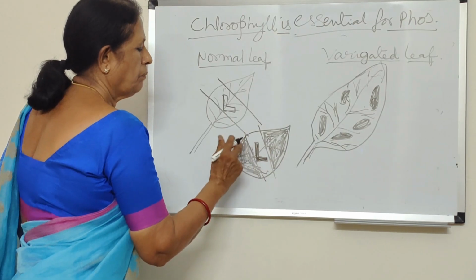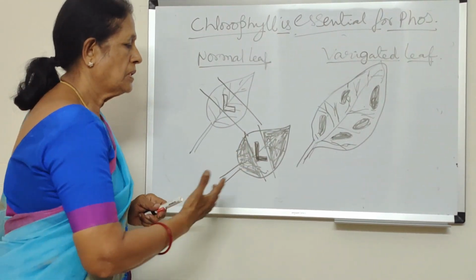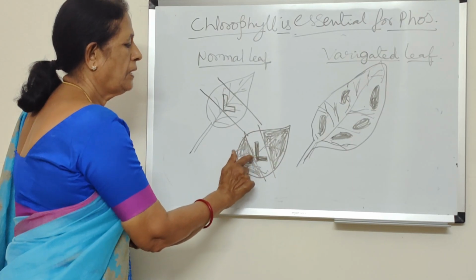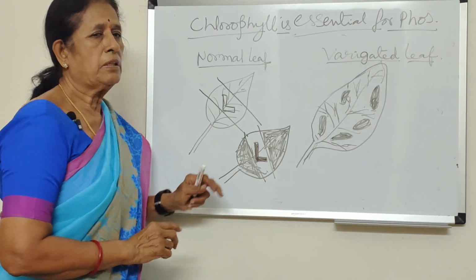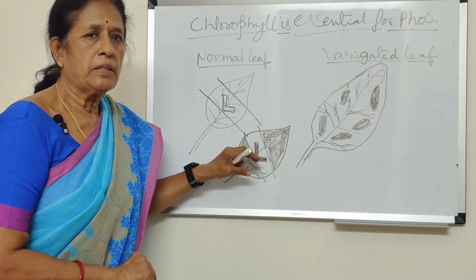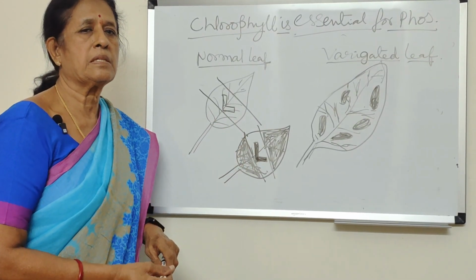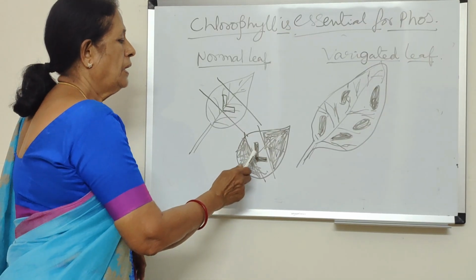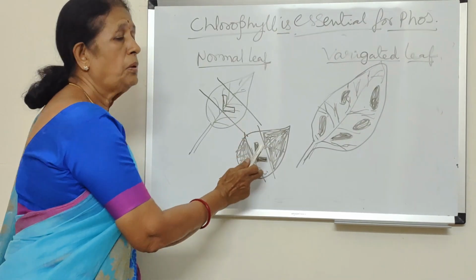This way also we can prove that sunlight is essential for photosynthesis. Only the part of the leaf which got exposed to sunlight will show the presence of starch when tested with iodine solution, and the part unexposed to sunlight will not turn blue black.